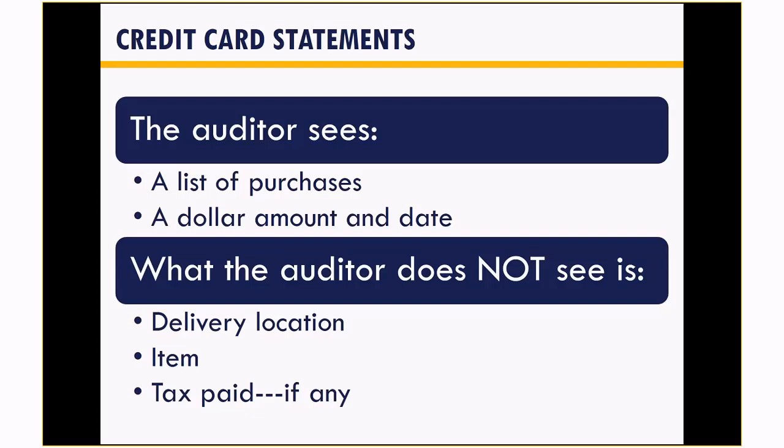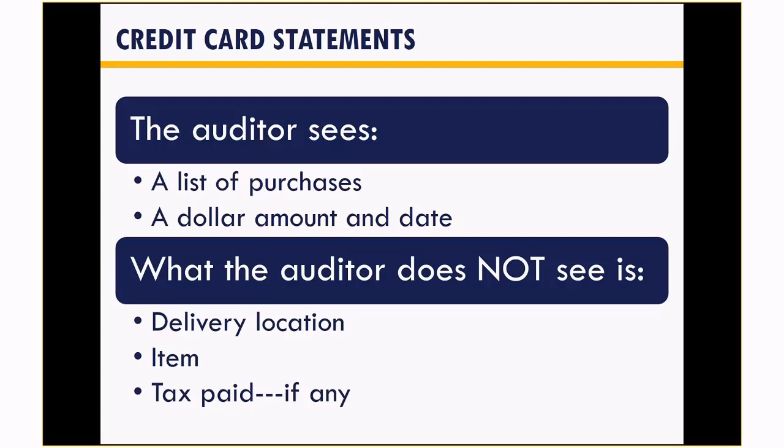What the auditor sees is a list of purchases, a dollar amount, and a date. They do not see a delivery location, because it's typically not on the card. What the item was, usually it's just a store and a dollar amount, or if any tax was paid.